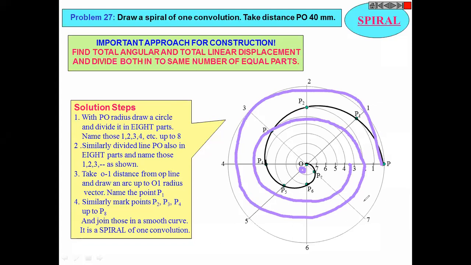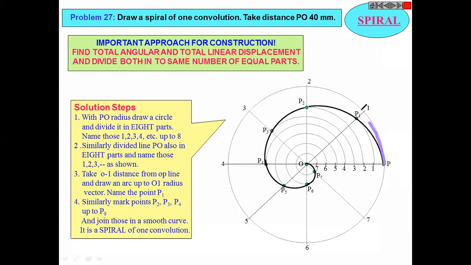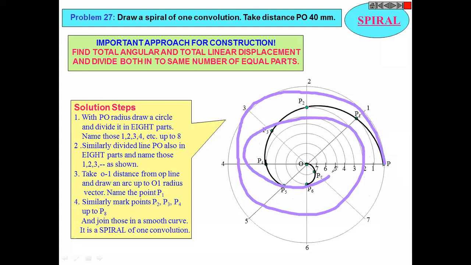Understood? Yes, sir. Now, if you want to draw three convolutions, then like this: one, two, and three. Understood?